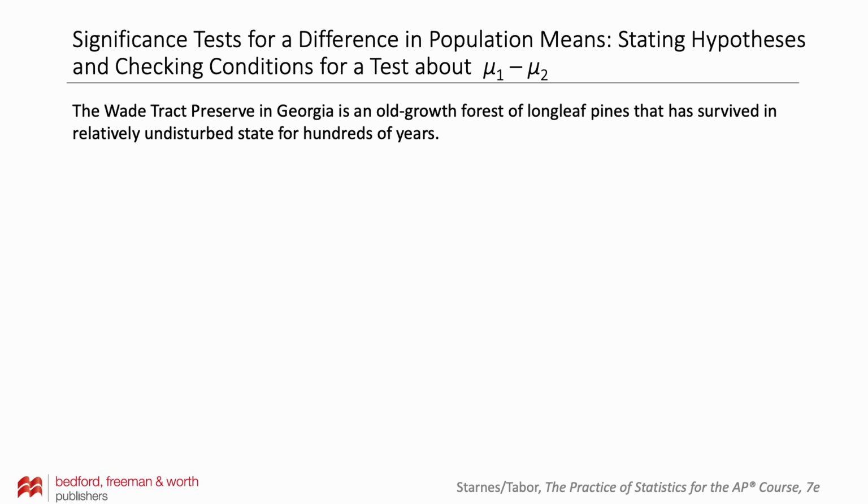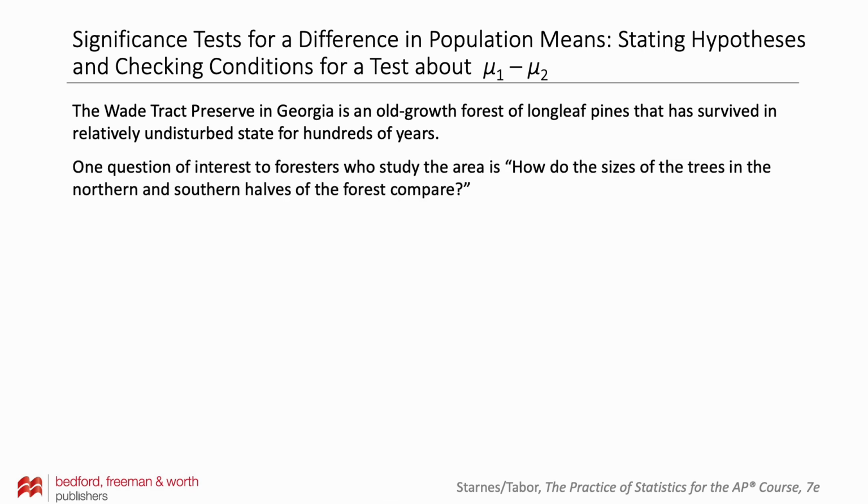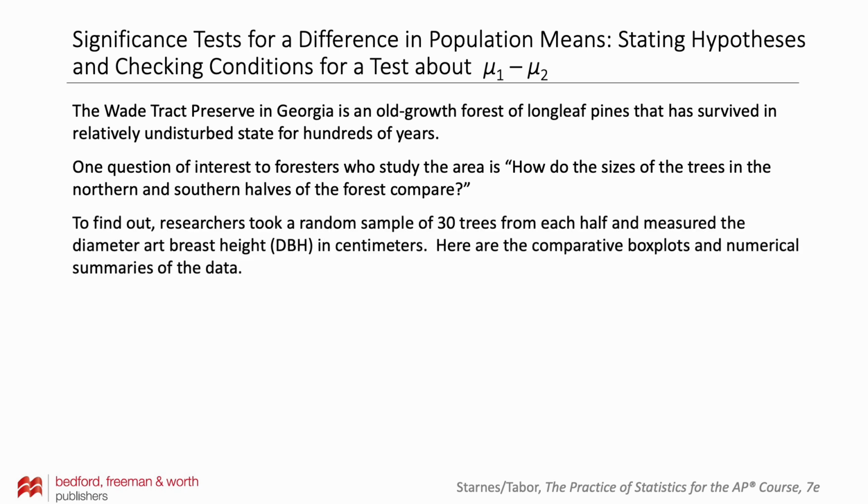So let's look at this problem here. It says the Wade Tract Preserve in Georgia is an old growth forest of longleaf pines that has survived in a relatively undisturbed state for hundreds of years. One question of interest to foresters who study the area is, how do the sizes of the trees in the northern and southern halves of the forest compare?